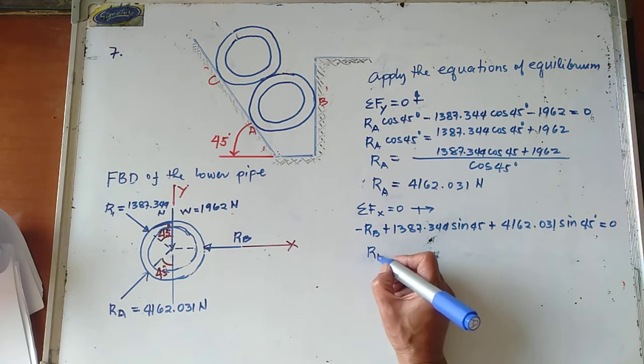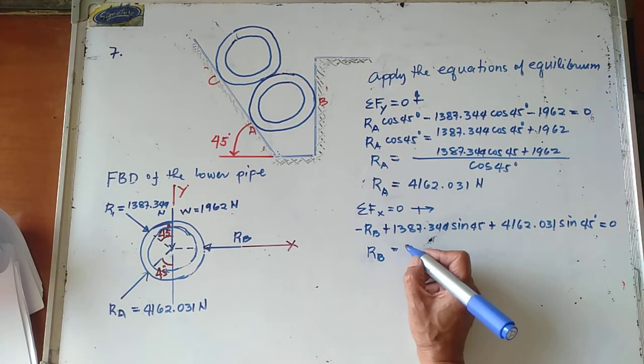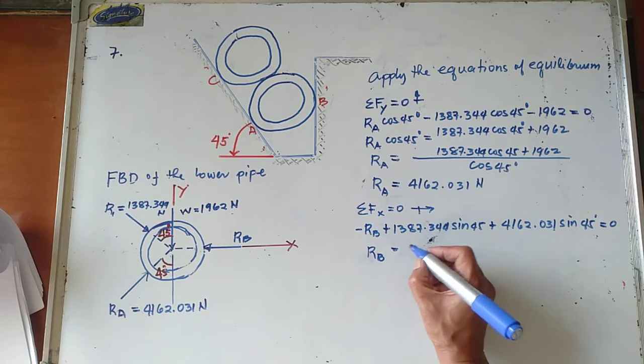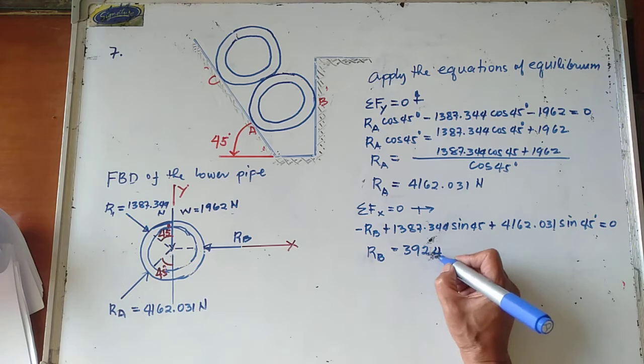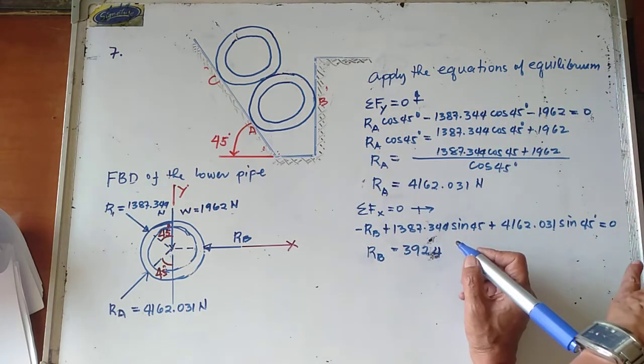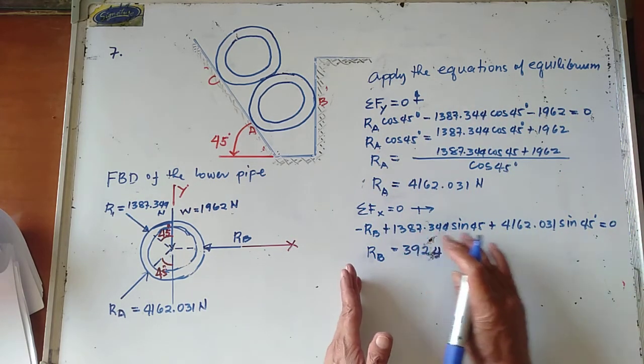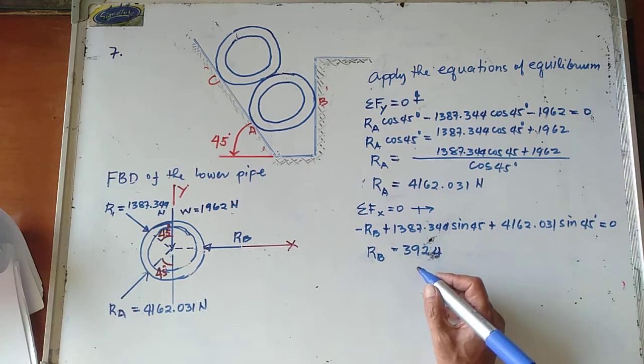So your RB is now equal to 3924 newtons, transposing this to the other side of the equation.